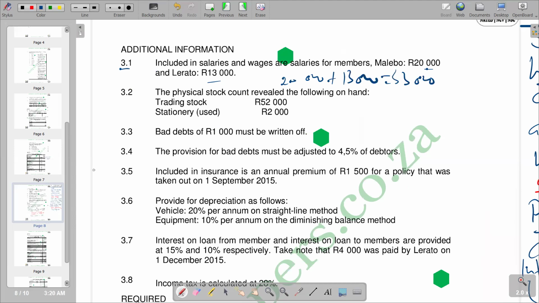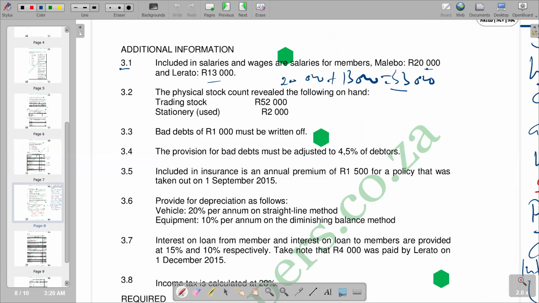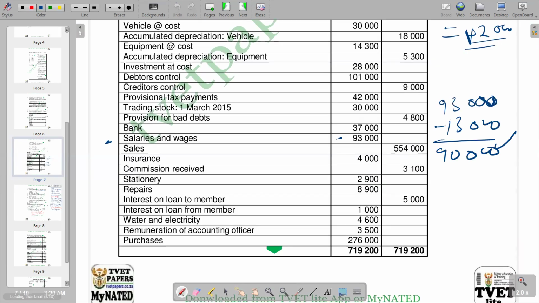And then 33,000 subtracted from the figure that we are given here, 93,000, and we are going to get 60,000.